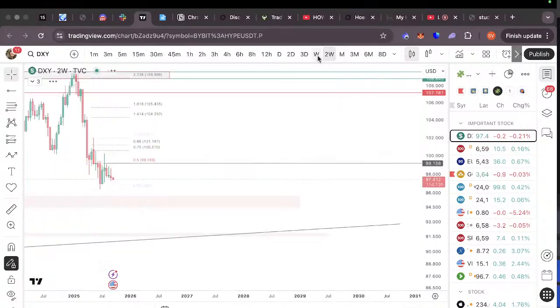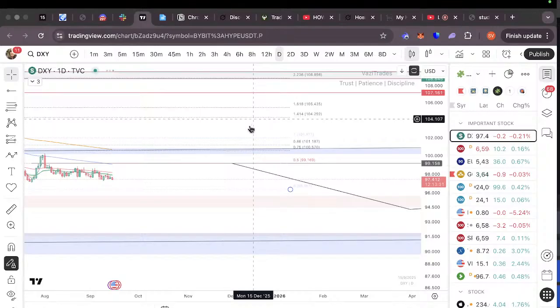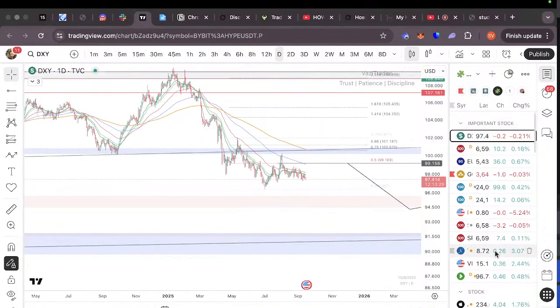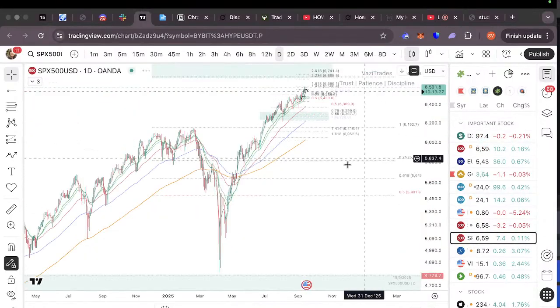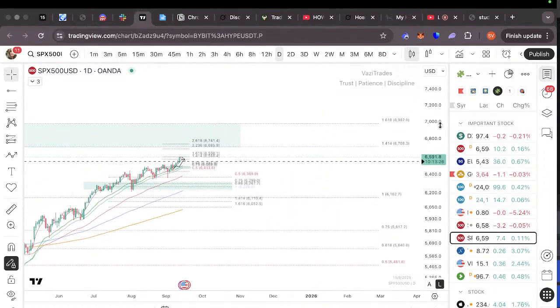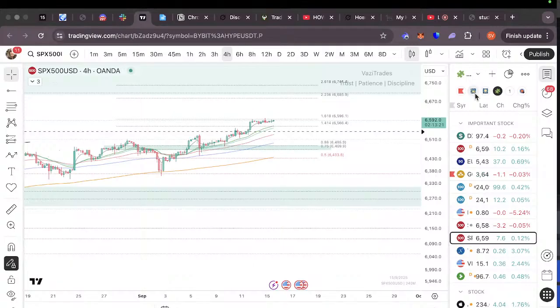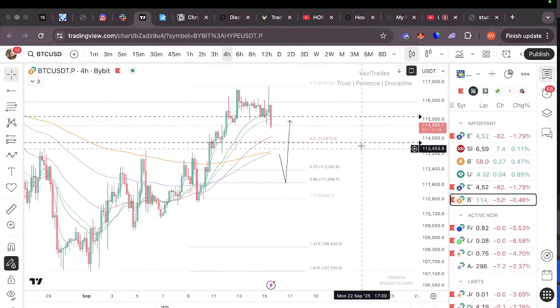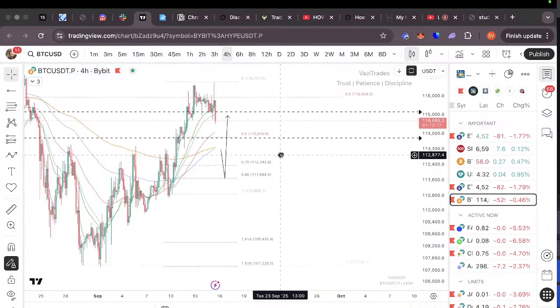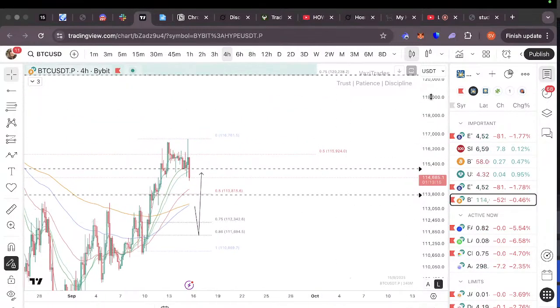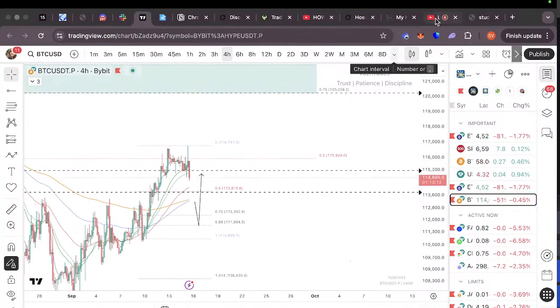So far it's weak. DXY is weak. I'm expecting more uptrend in the market still before any correction. So today is important. The market should hold. Otherwise, crypto will just dump crazy. Let's see.